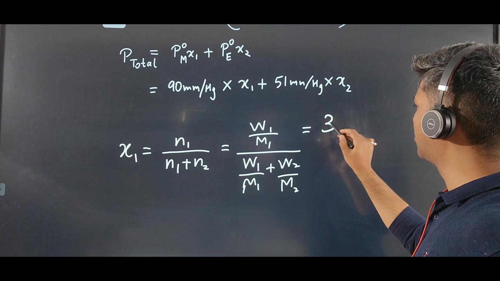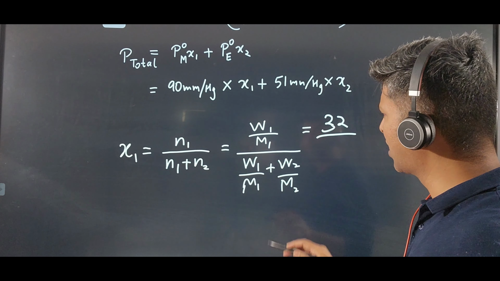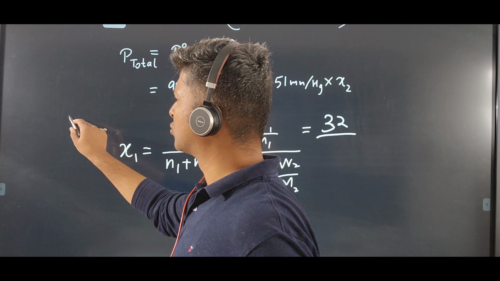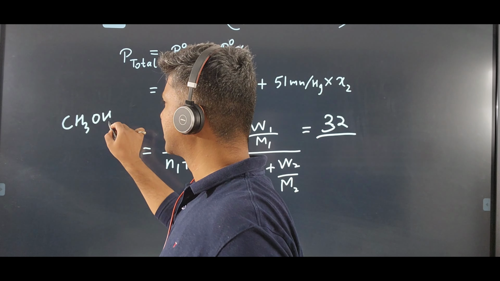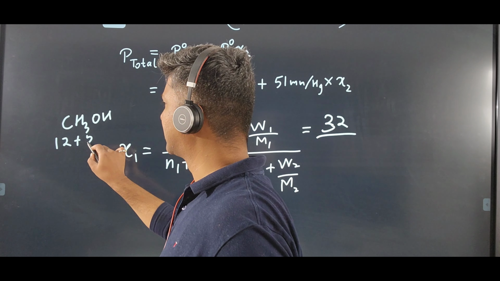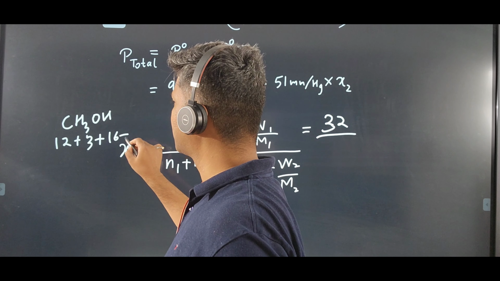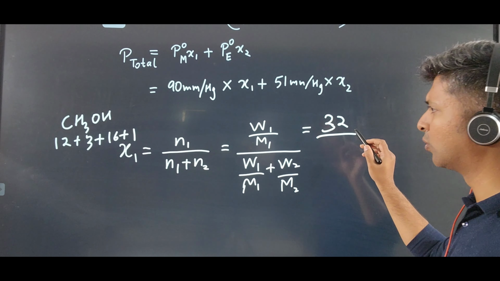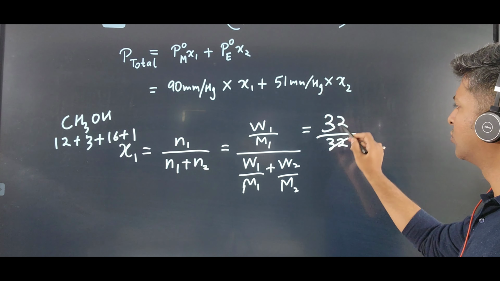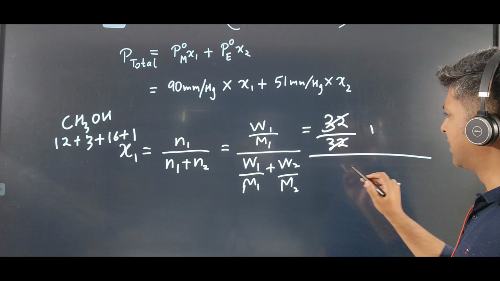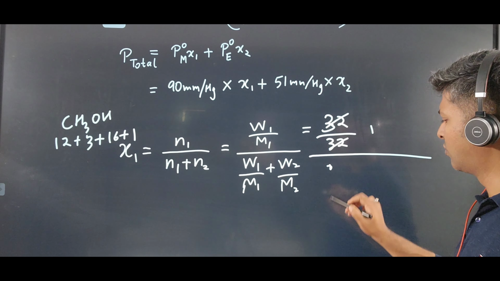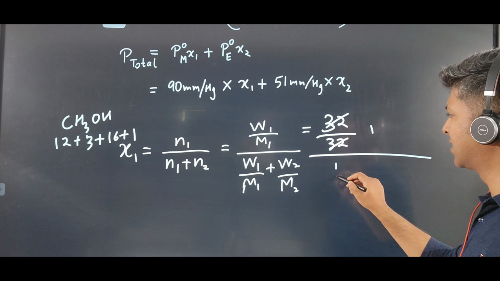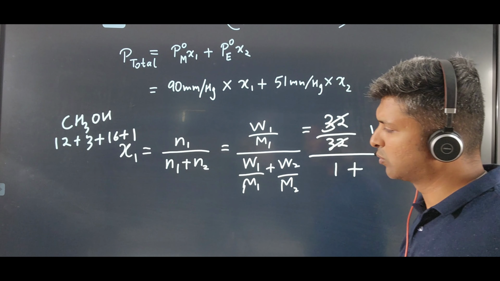So 32 divided by the molar mass of methanol. Methanol is CH3OH: 12 plus 3 plus 16 plus 1. 12 plus 3 is 15, 15 plus 16 is 31, and 1 makes 32. So 32 divided by 32 gives 1. So W1 by M1 is 1, plus W2 by M2. What is W2?